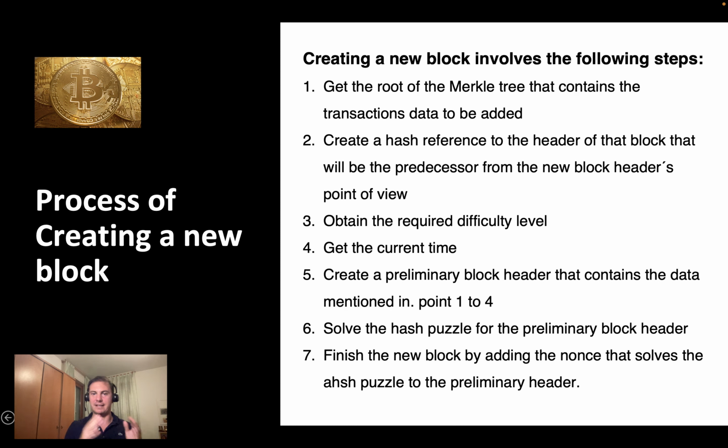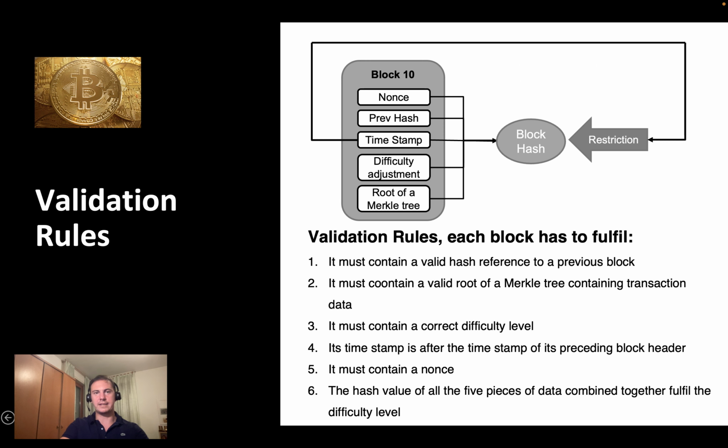The difficulty level is the same for 2 weeks, and then it changes according to the average time effectively spent, as we saw in the difficulty adjustment. Then the person gets the current time. Create a preliminary block header that contains the data mentioned in points 1 to 4, solve the hash puzzle for the preliminary block header, and then finish the new block by adding the nonce that solves the hash puzzle to the preliminary header.